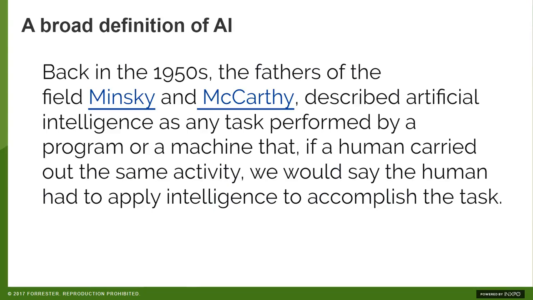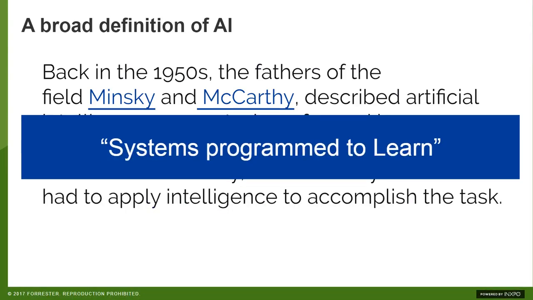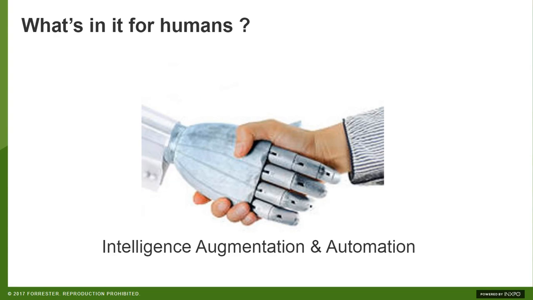Now, the way I see modernizing that definition is really systems programmed to learn. I think that's the big difference between the first version of AI and the latest AI wave that we're having, which is we're not programming the systems with particular techniques to reason. We're programming systems that can learn in an autonomous way, and that's what deep learning is really doing.